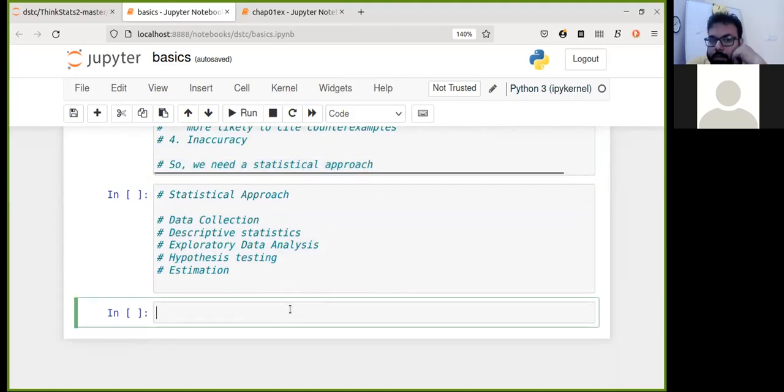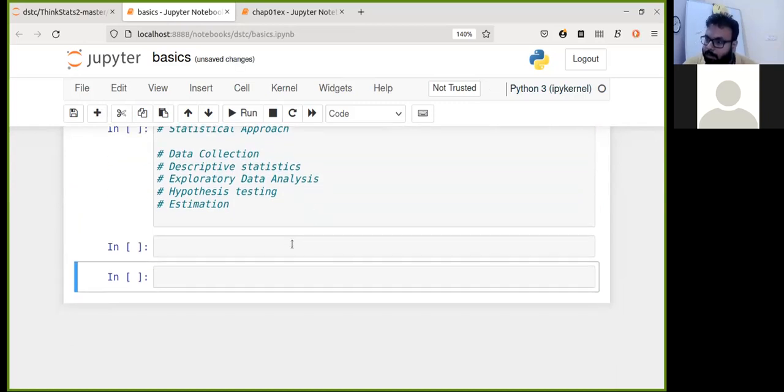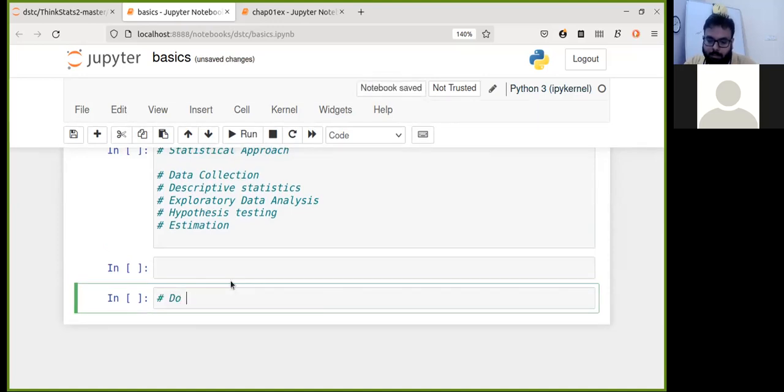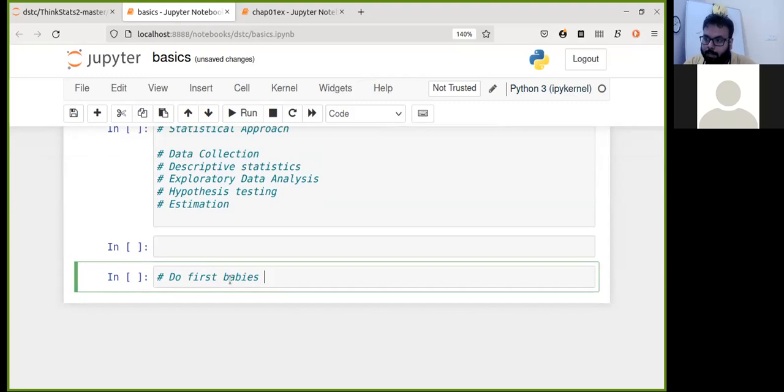Today, I have one more question, which is related to childbirth. Let me make some space. And the question is from the very famous book called Think Stats by Allen B. Downey. The question is, do first babies arrive late?